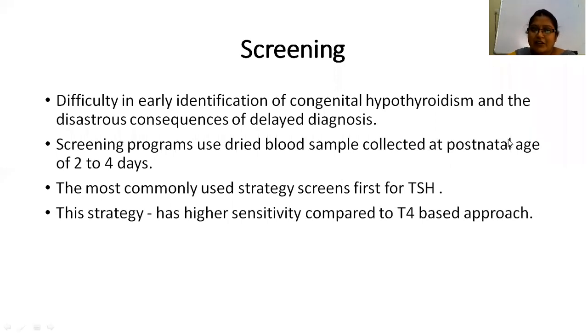Okay. So we should do screening programs at a postnatal age of 2 to 4 days. Why? Because, as previously discussed, TSH is increased during the first 48 hours, there is a surge, and only after 48 hours does that surge decrease.